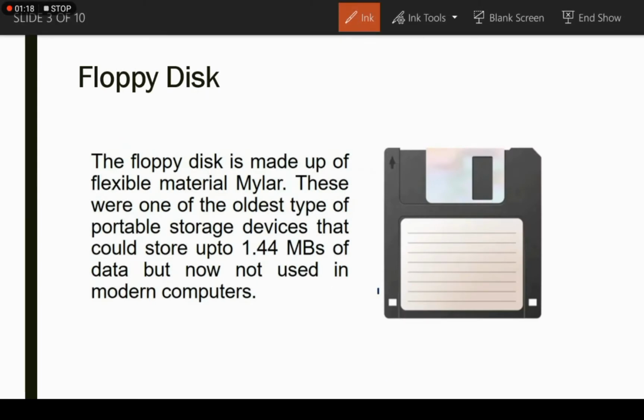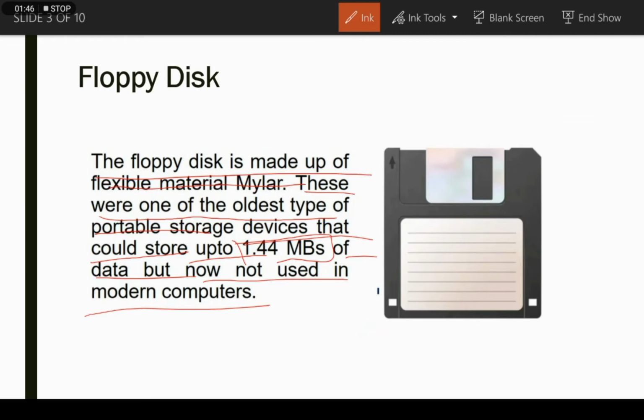The floppy disk is made up of a flexible material, mylar. These were one of the oldest types of portable storage devices that could store up to 1.44 MB of data, but they are not used in modern computers now.